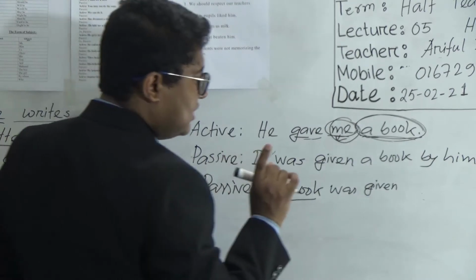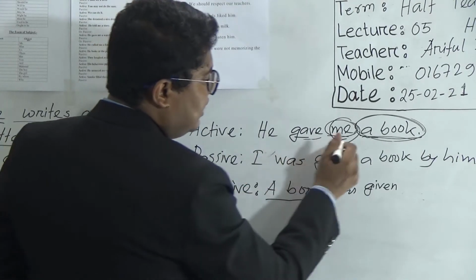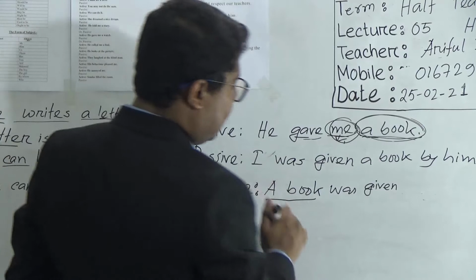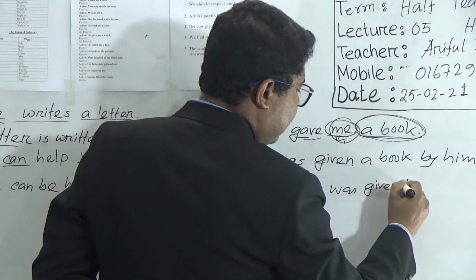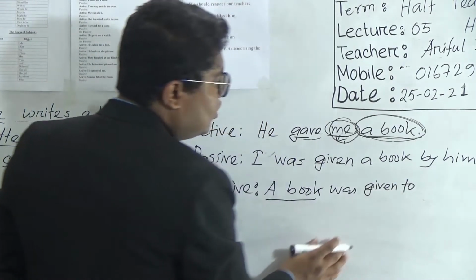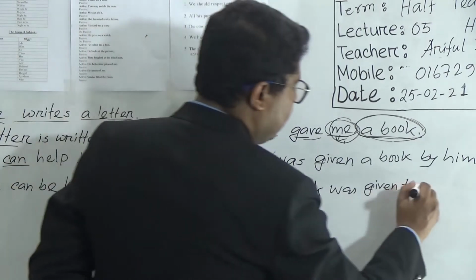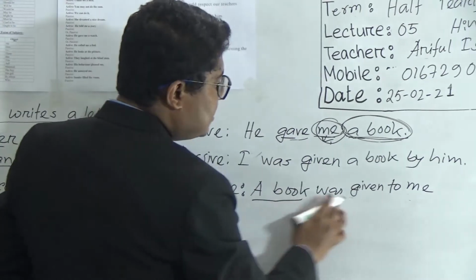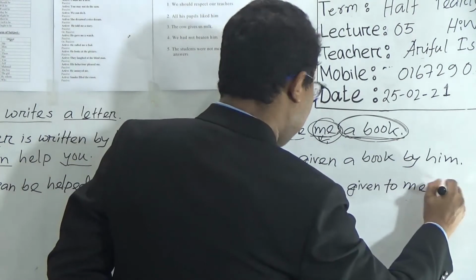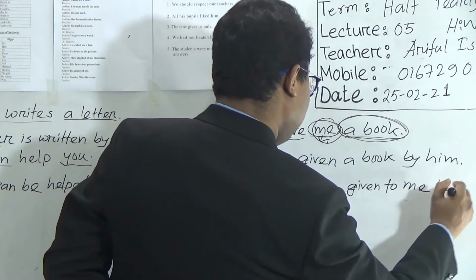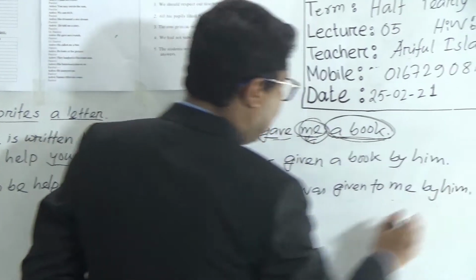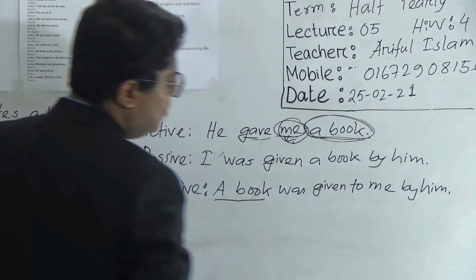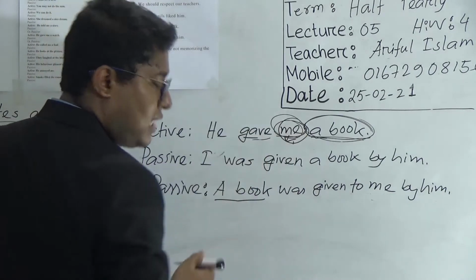This is very difficult. Before the indirect object we have to add to or for. So after given, the verb given takes the preposition to. That's why we have to add to here. So a book was given to me by him. I always suggest you take the first object all the time.